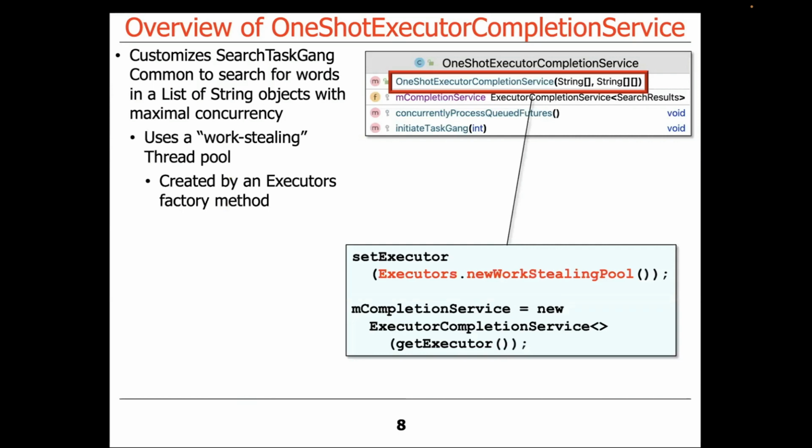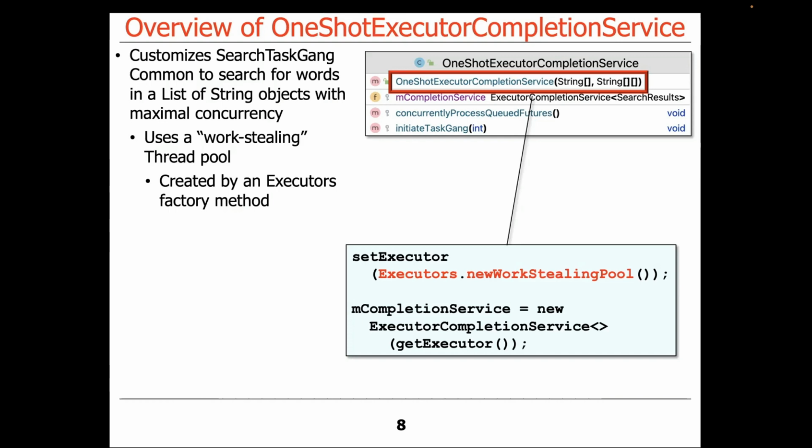So this uses a work stealing thread pool, which is created by the Executors factory method. Here you can see Executors.newWorkStealingPool, which makes the appropriate executor. And a work stealing pool uses something called the Java fork-join framework, which is super clever and something that you should be familiar with.